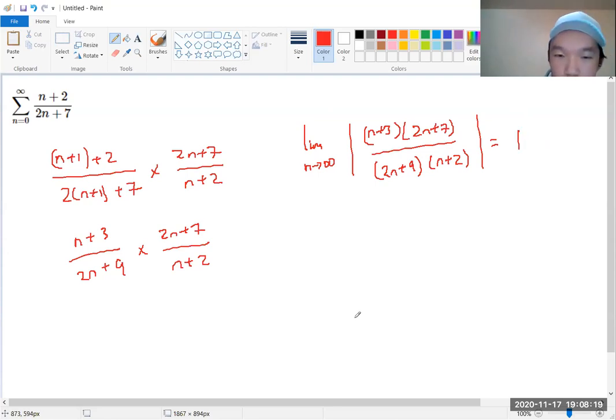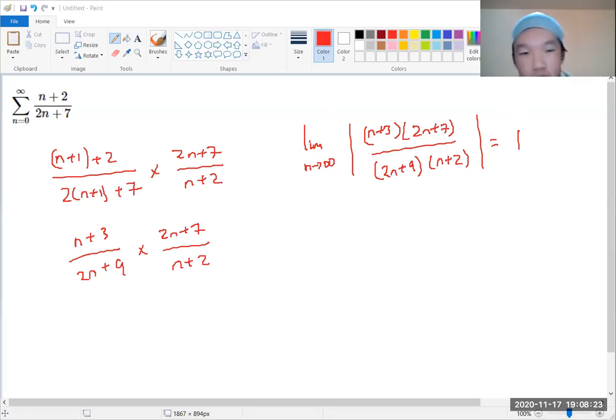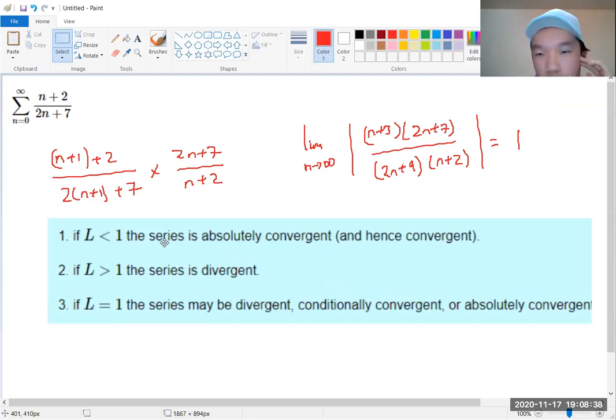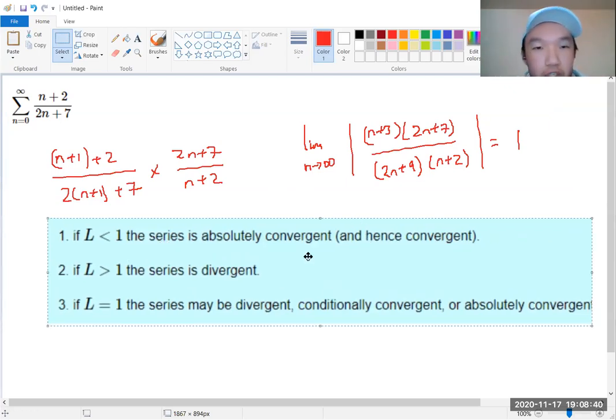So the limit is 1, and then according to the ratio test, when the limit is 1, it's inconclusive. Okay, so that means we need to do another test here. The ratio test failed, which means we need to do another test. So any suggestions? What test?